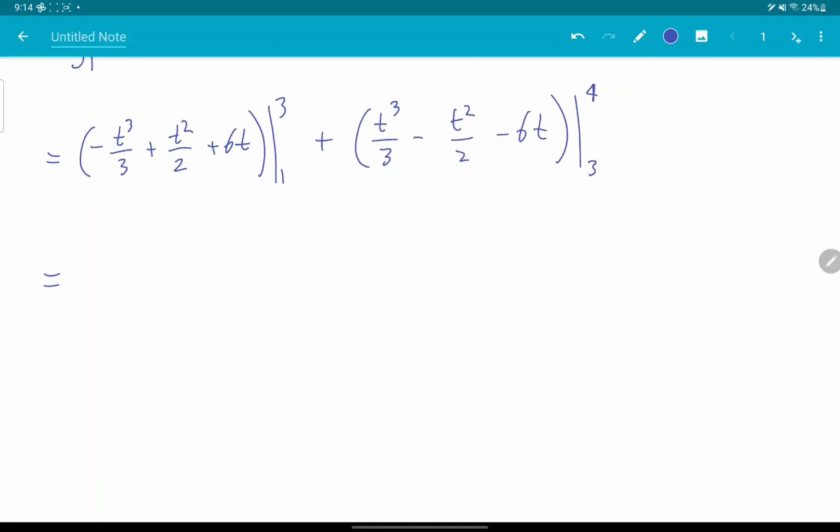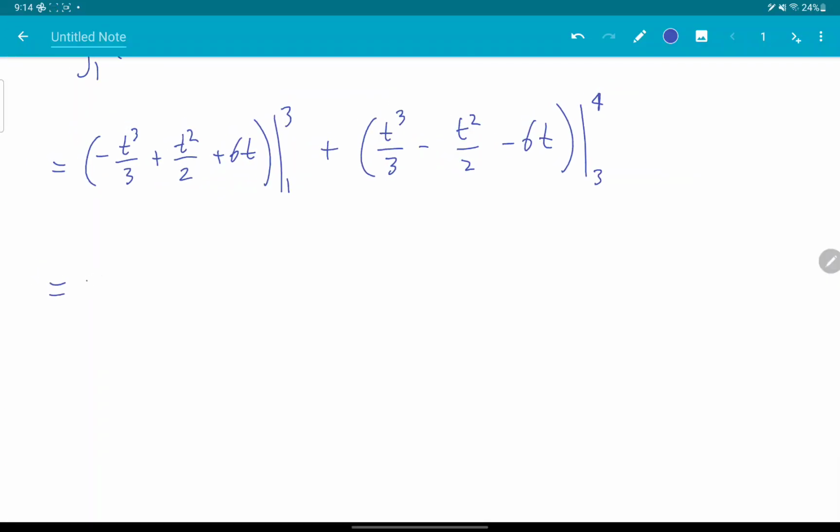Working this out. Minus 27 over 3 plus 9 over 2. Be careful, be careful, be careful. Mistakes here will be painful. Plus 6.